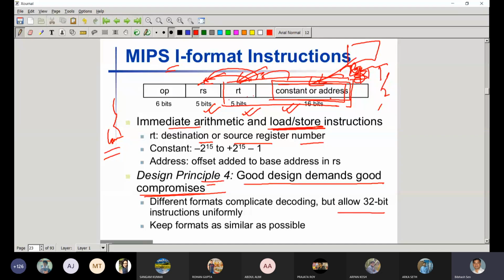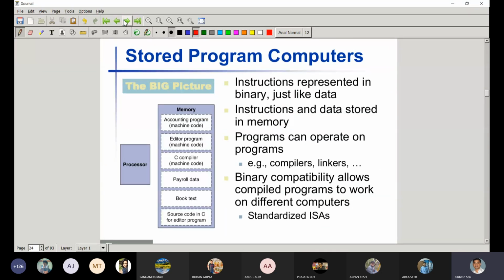Here we use a 32-bit instruction format uniformly, a fixed-length instruction. The length of the instruction is always fixed and will not vary. Keep formats as similar as possible, and that's why in MIPS extended opcodes are not allowed. Is it clear why extended opcodes in MIPS are not allowed?